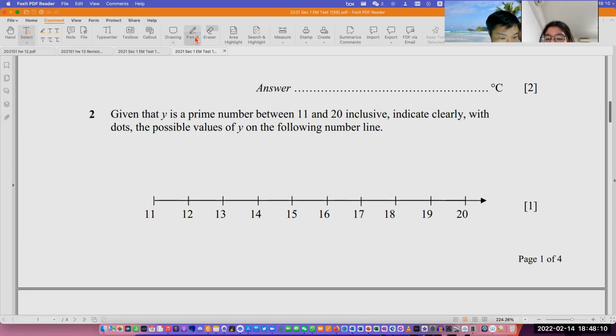They want prime numbers, by the way. And they say inclusive.